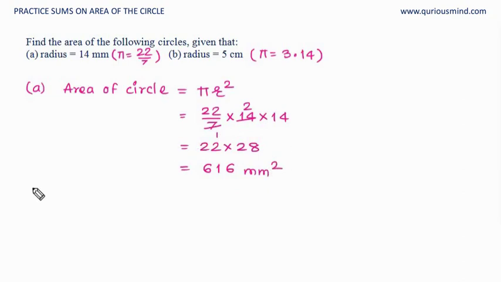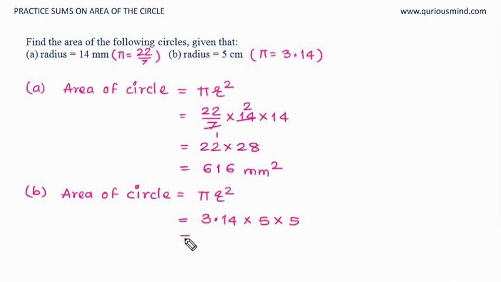Let's do B. In this case, pi is given as 3.14 multiplied by 5 into 5, that is 25.